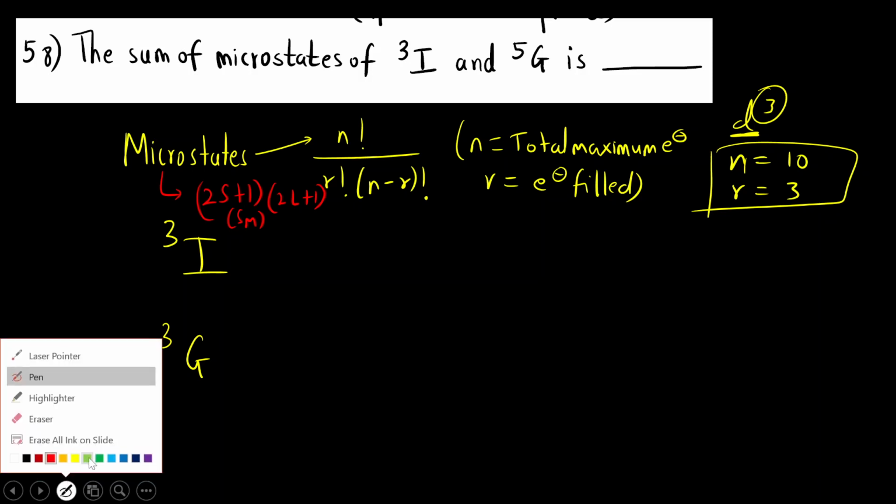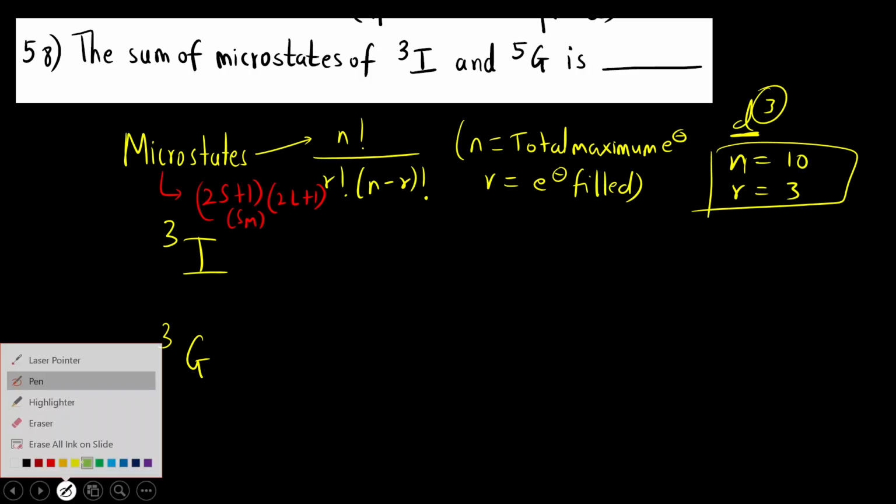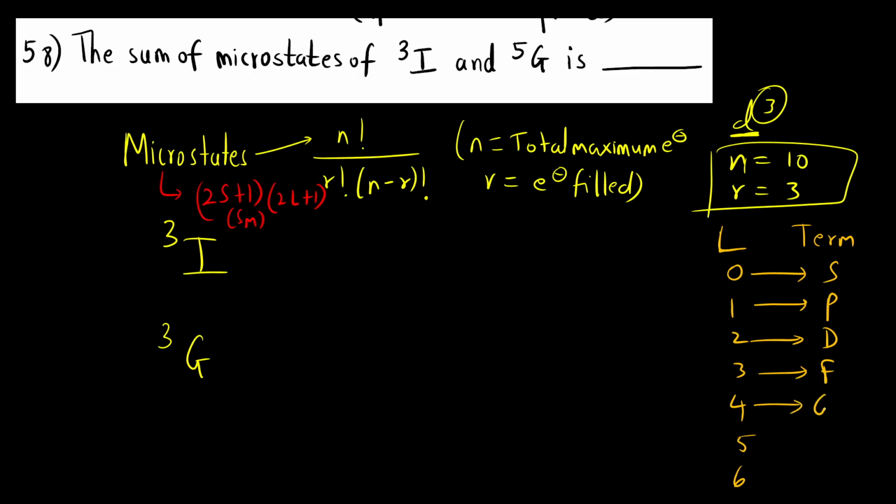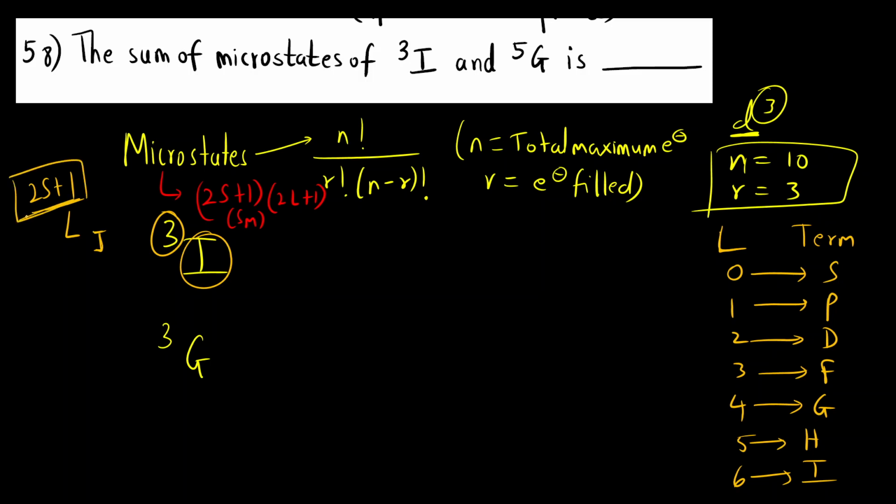For that we must know how to find the values of L. The values 0, 1, 2, 3, 4, 5, 6 correspond to S, P, D, F, G, H, I. So here there is I. 2s plus 1 is the spin multiplicity, which is 3, into 2L plus 1.